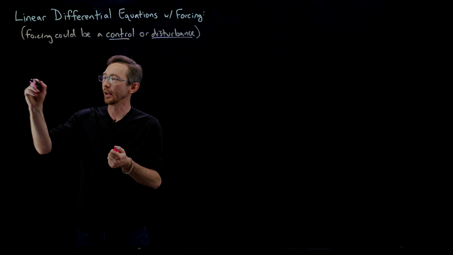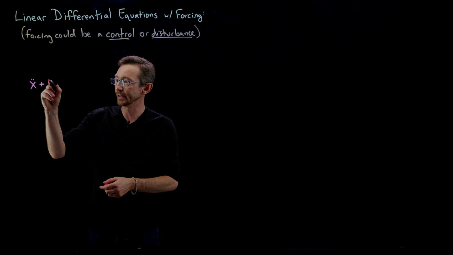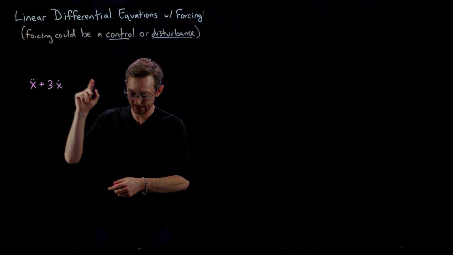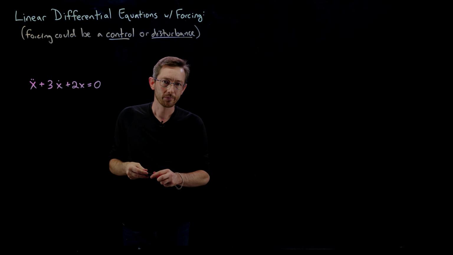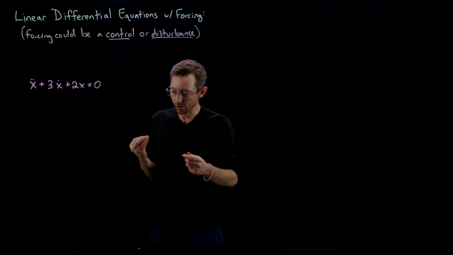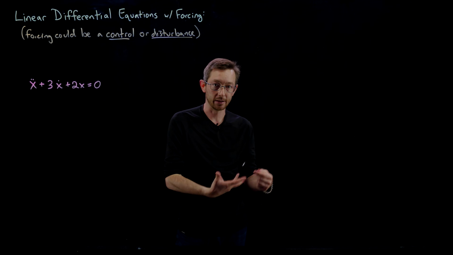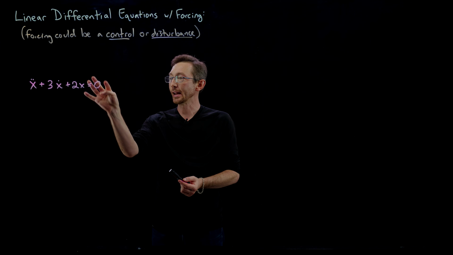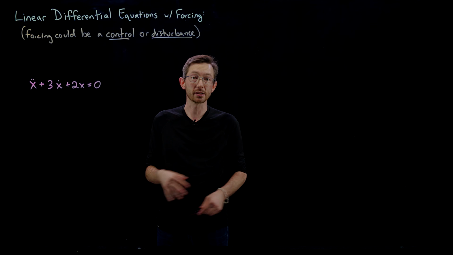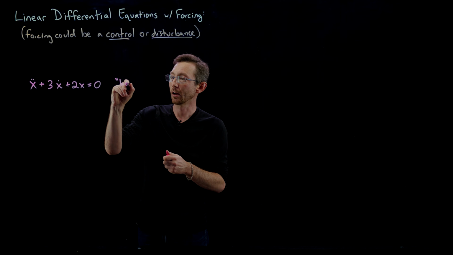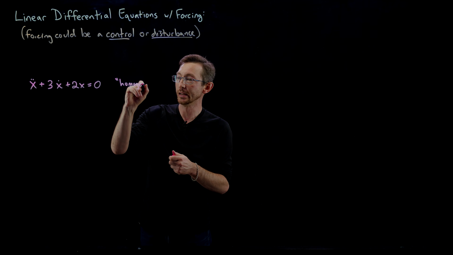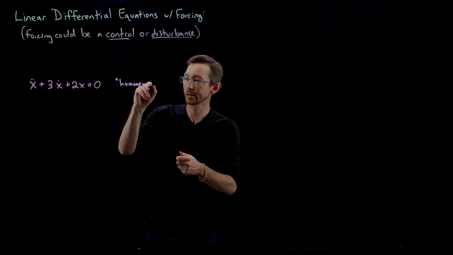Okay, good. And so the kind of differential equation we have been talking about up until now is something like x double dot, I'm going to pick a really easy example, plus 3x dot plus 2x equals 0. And this is known as a homogeneous differential equation because the right-hand side is equal to 0. There's no forcing, there's no disturbance on this system. So we're going to call this homogeneous.